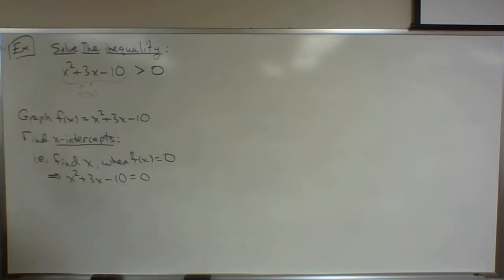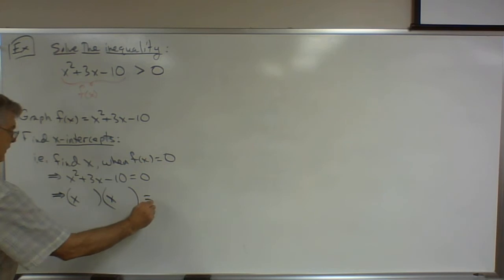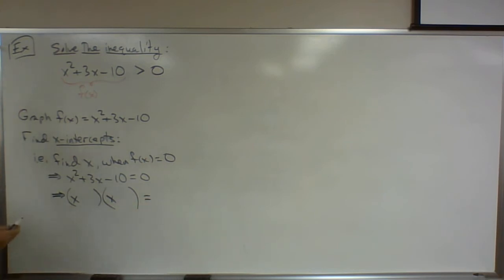Oh, does this factor? Maybe. Let's see. I have a little bit more confidence than I did a minute ago. Factors here may be 2 and negative 5 or plus 5 and negative 2. Yeah, I think so.